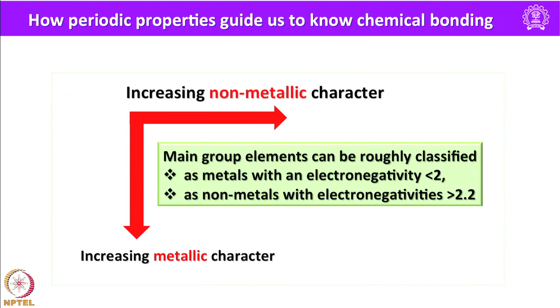When we look into the periodic table, we have some metals and we have some non-metals, and in a period the non-metallic character increases, and similarly in a group metallic property increases. That means the main group elements can be roughly classified as metals with an electronegativity less than 2 and as non-metals with electronegativity greater than 2.2.